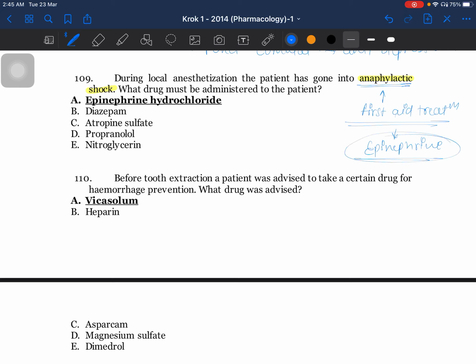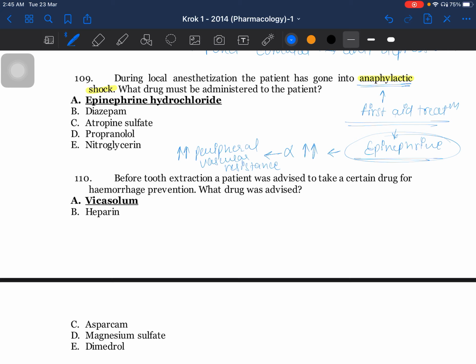This epinephrine basically stimulates the alpha receptor, and when it stimulates the alpha adrenoreceptors, this increases the peripheral vascular resistance.